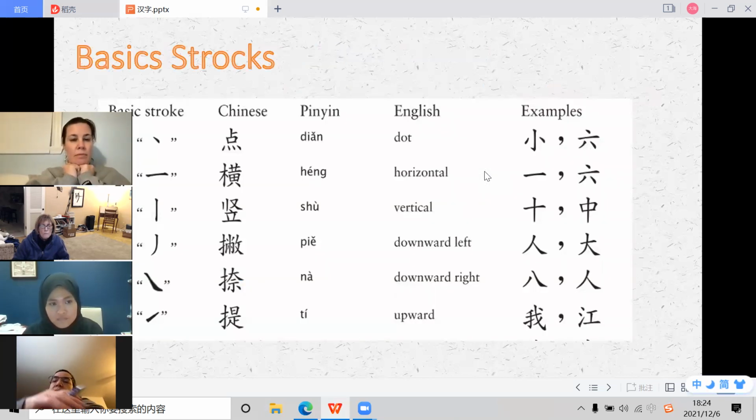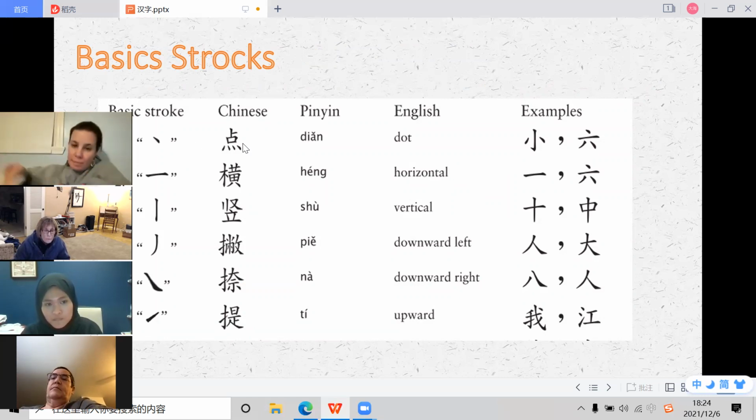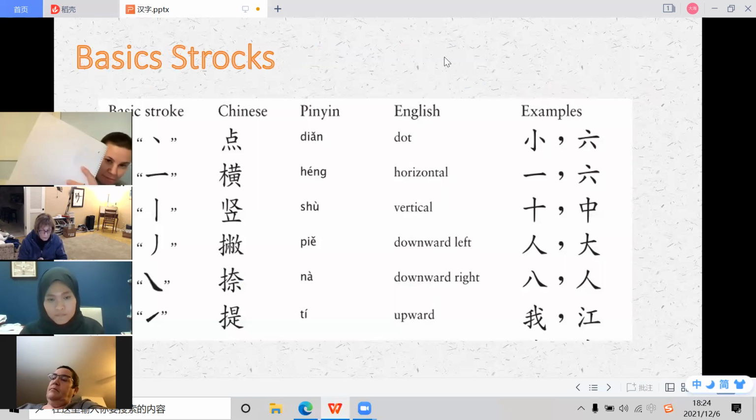So let's see some basic strokes in our handwriting. And the first one is 点. Just hold your pen or pencil to write.